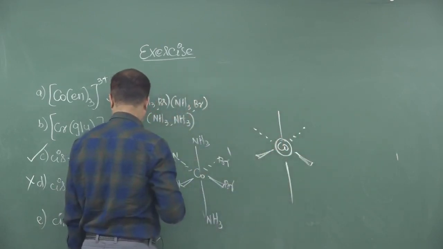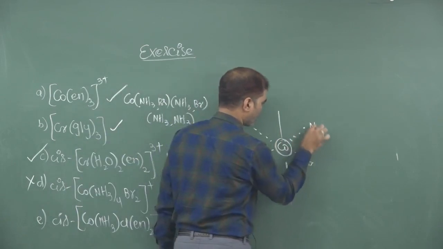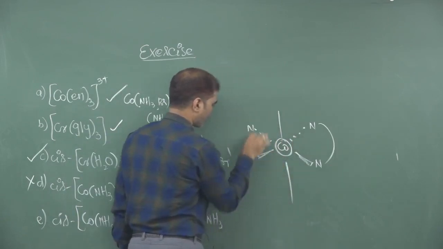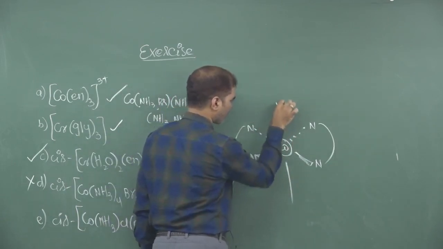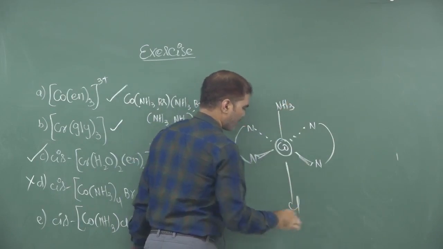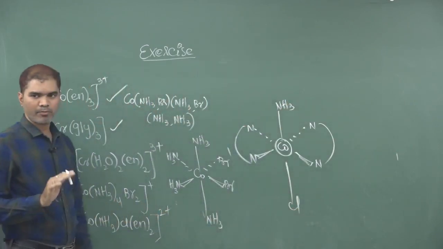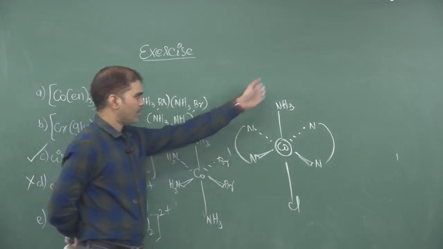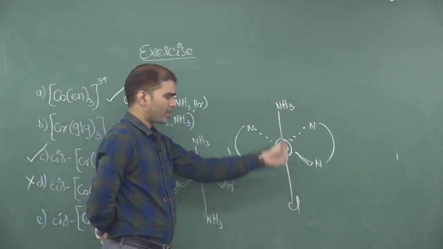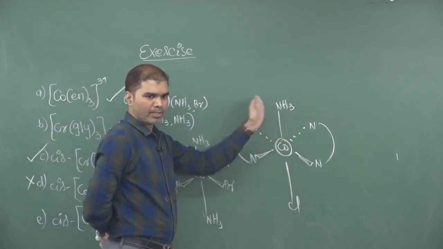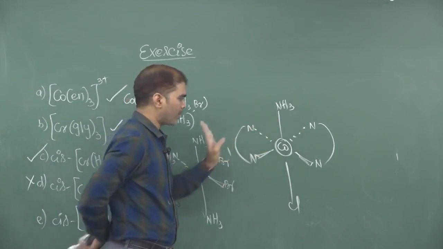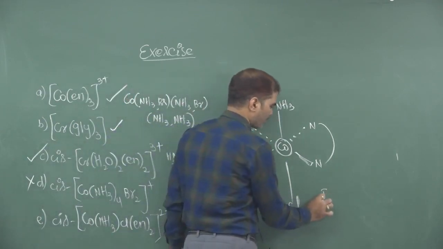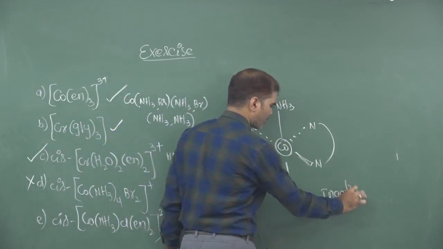We are taking 2 ethylene diamines, amine and chlorine. Is it optically active? The trans form will be inactive. The reason is this plane can be very easily seen. So there is a plane in this, therefore it will become optically inactive. There is no enantiomer of it.